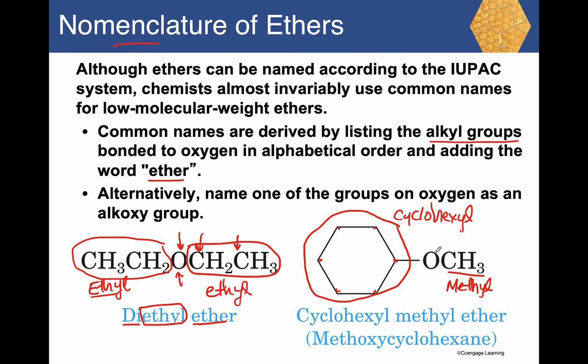So that's a cyclohexyl and a methyl that's bonded to the oxygen. How do we name that? Since C comes before M, we start with cyclohexyl, then we add methyl, and lastly the word ether. So just use that for your naming system for ethers.